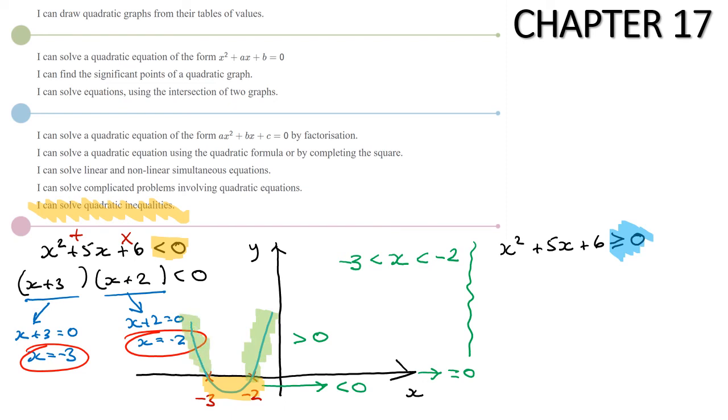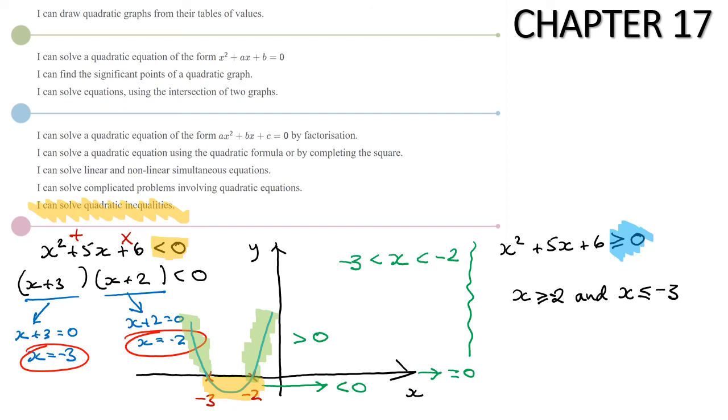And what are values of x is that? Well, that's when x is greater than or equal to negative 2 and when x is less than or equal to negative 3. Sorry, that should be negative 2 there and negative 3 here.